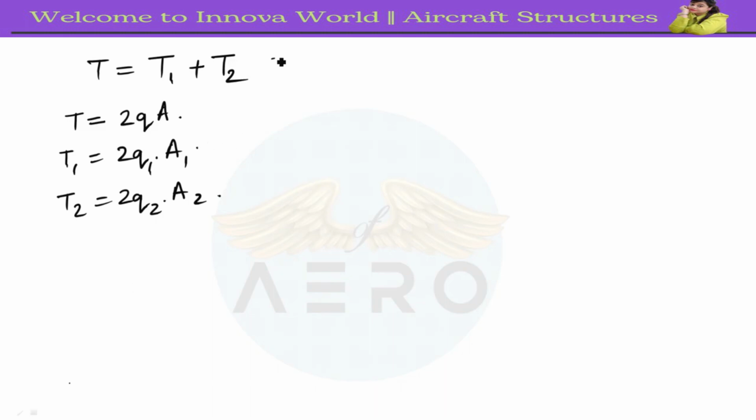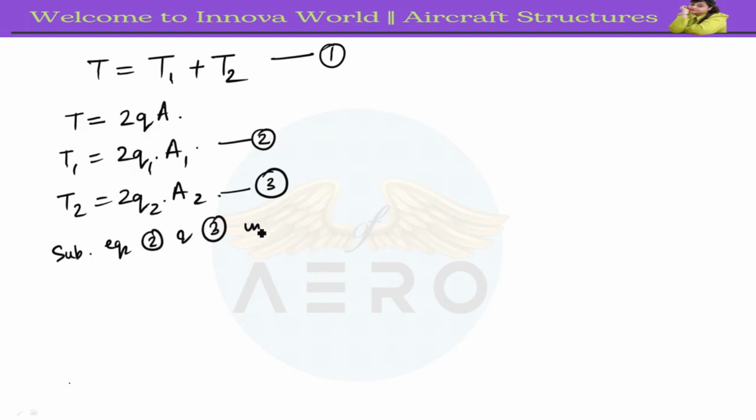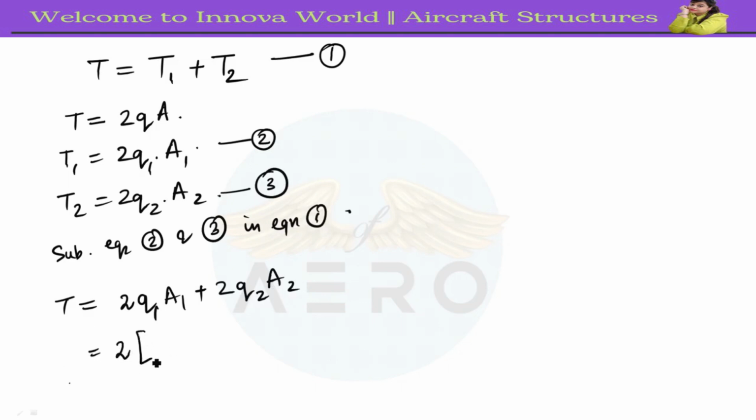Let's consider this is equation 1, this is equation 2, equation 3. Now we are going to substitute equations 2 and 3 in equation 1. So if we substitute, T becomes 2Q1 A1 plus 2Q2 A2. Okay, so 2 becomes common, so Q1 A1 plus Q2 A2.